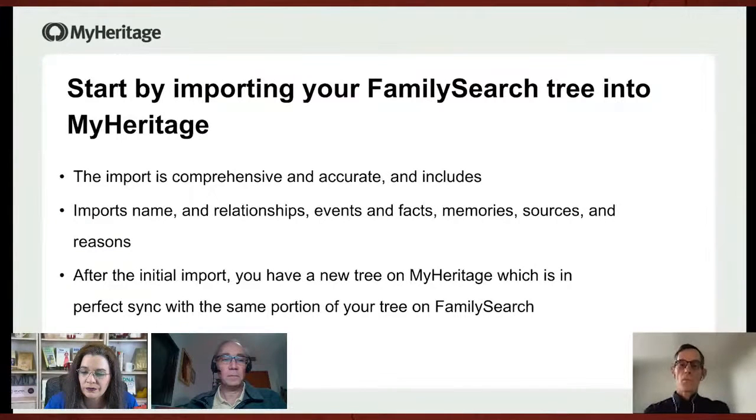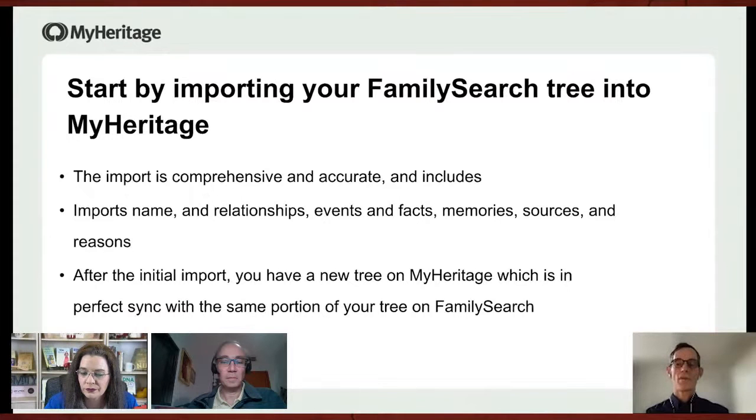So the important point here is that we always start by importing your FamilySearch tree from FamilySearch into MyHeritage. The import is comprehensive, accurate, and includes names, relationships, events, facts, memories, sources, reasons, even.